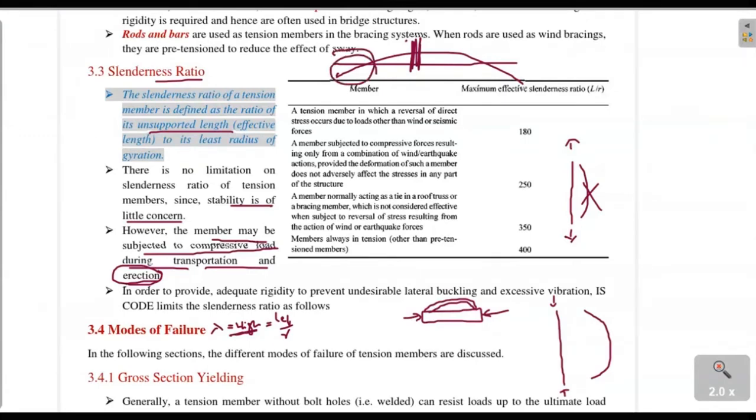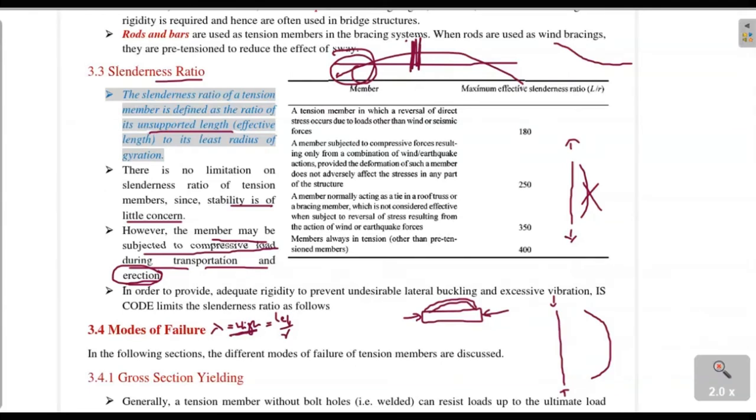Or if it is held here and lifted, it is going to bend in this way, right? So slenderness ratio plays a least important role only in transportation and erection works.